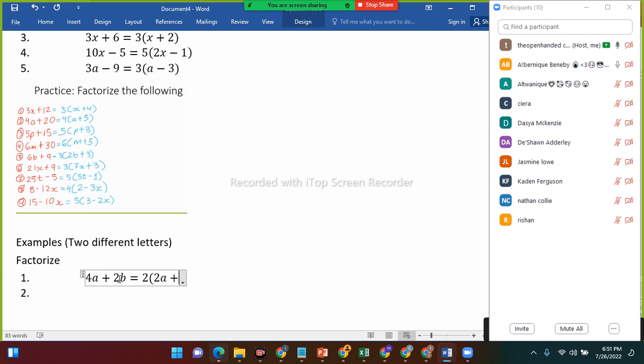What times 2 gives me 2? 1. So that's 1b, or just b, because we don't write the 1 in front. So 2 times 2a is 4a, and 2 times b is 2b.